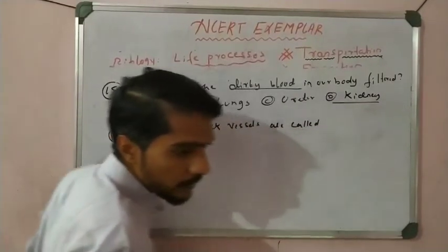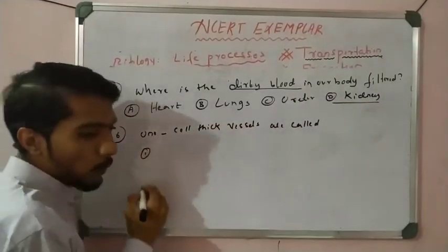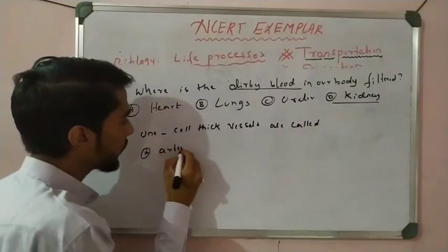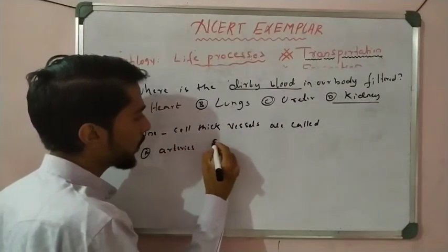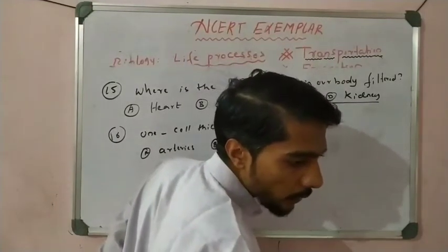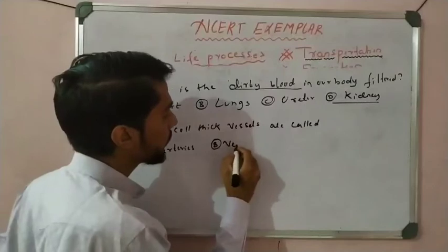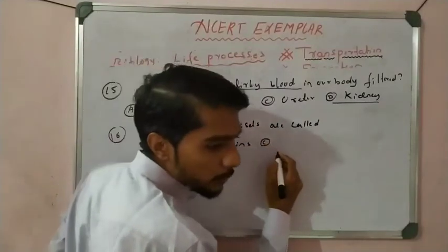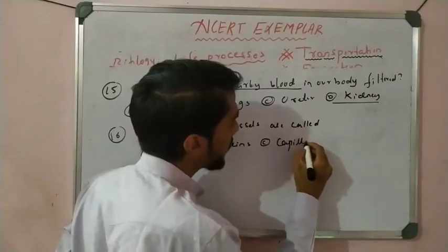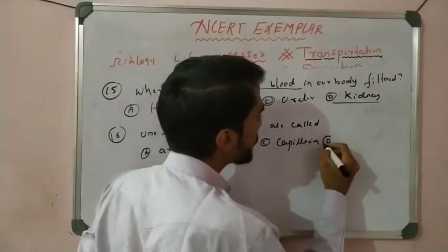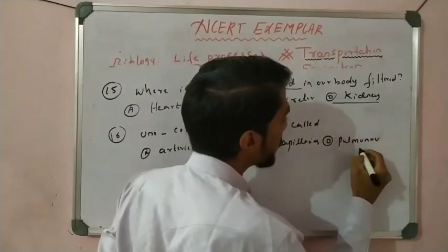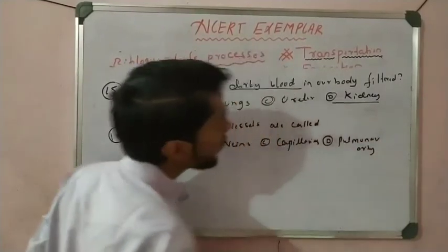Option A is arteries, option B is veins, option C is capillaries, and option D is pulmonary artery. Okay, so what is the correct answer?